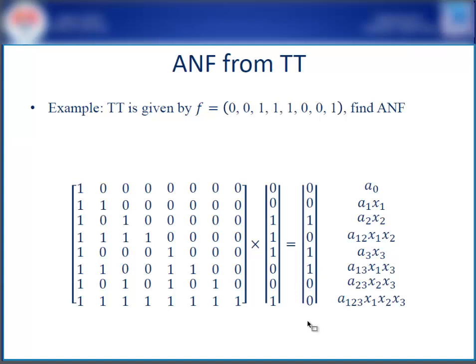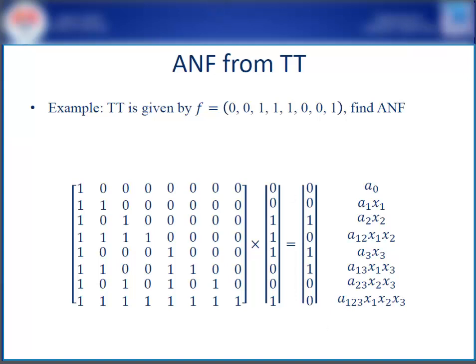Each element of this vector of coefficients is a coefficient of the Boolean function: a0, a1, a2, a12, and so on. As we can see, coefficients a2, a3, and a13 are equal to 1.